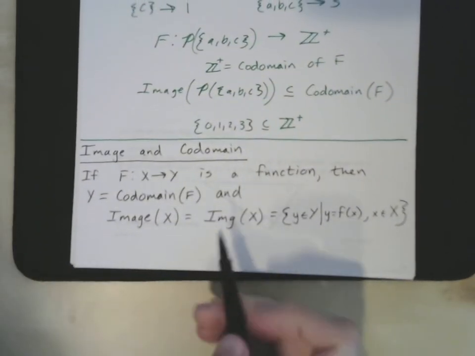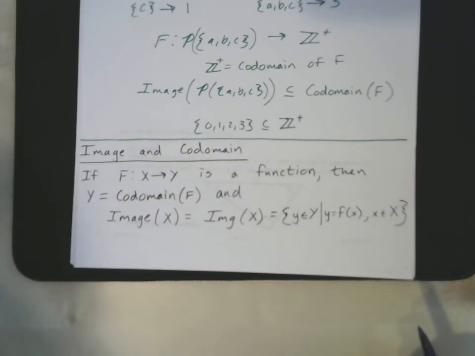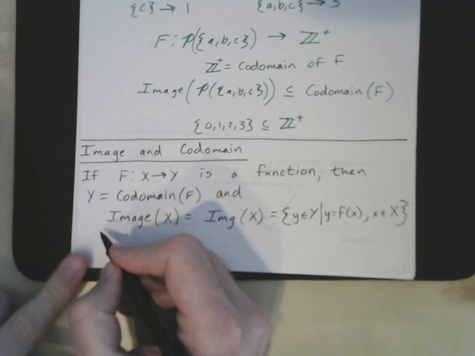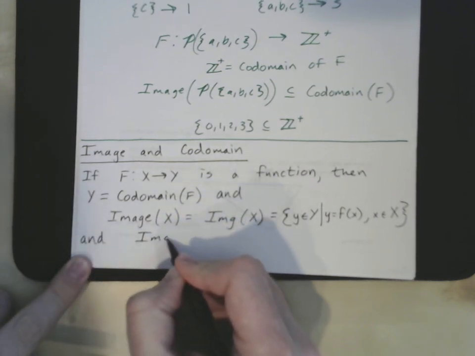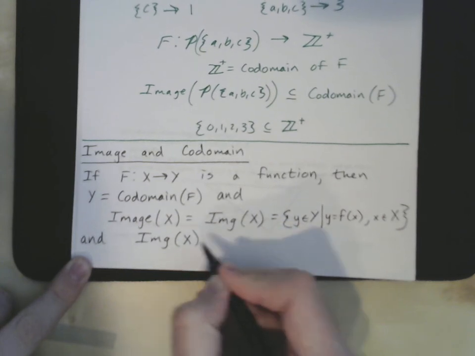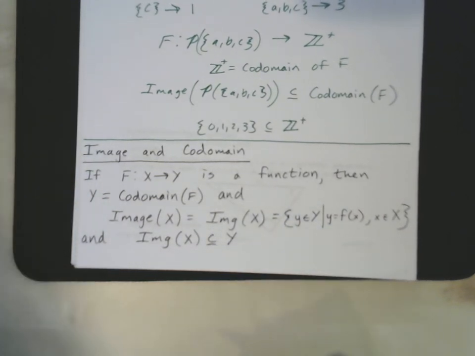So our image on the domain is specifically the elements we map to. And the image, img of x, is always a subset of our codomain y.